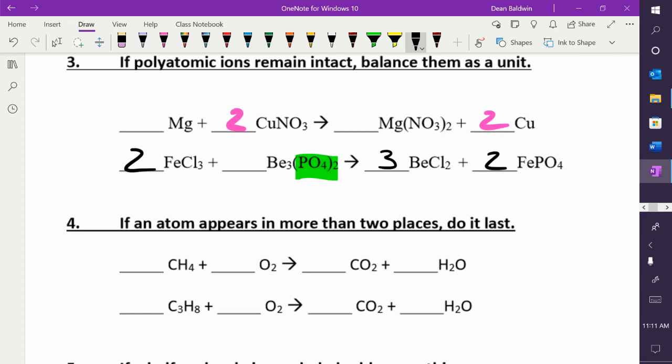If I put a 3 there, then check it. Okay, just go through. 2 iron, 2 iron. 6 chlorines, 6 chlorines. 3 berylliums, 3 berylliums. 2 phosphates, 2 phosphates. Okay?